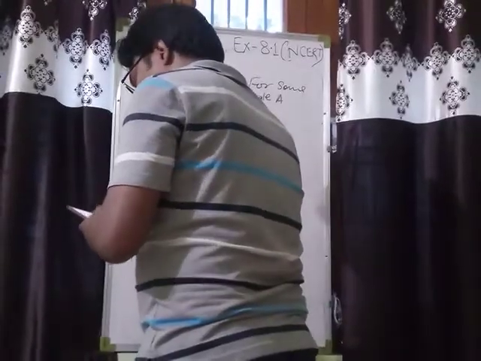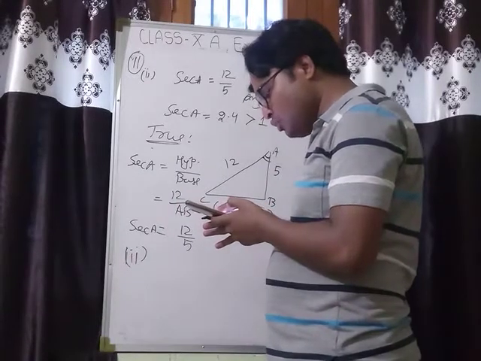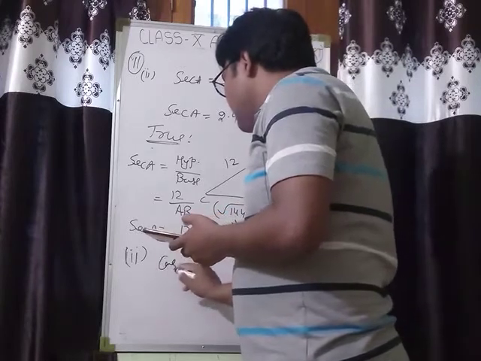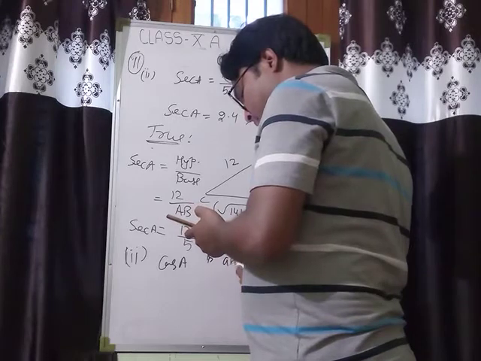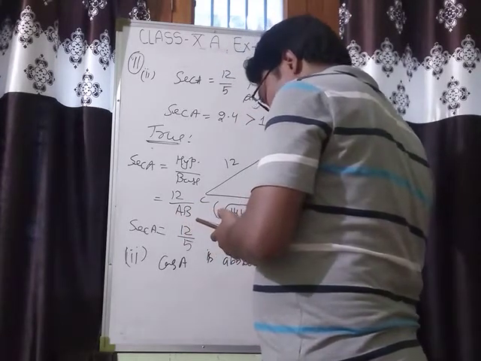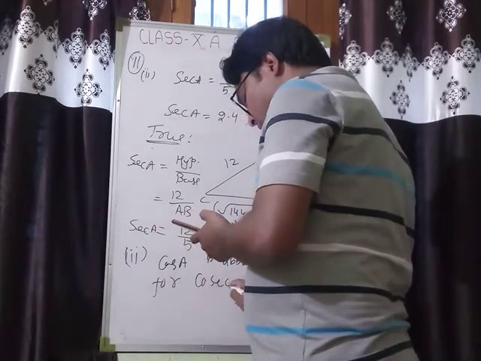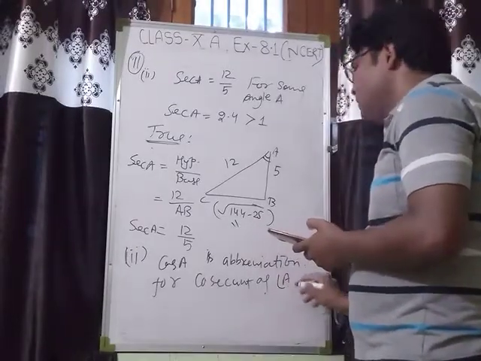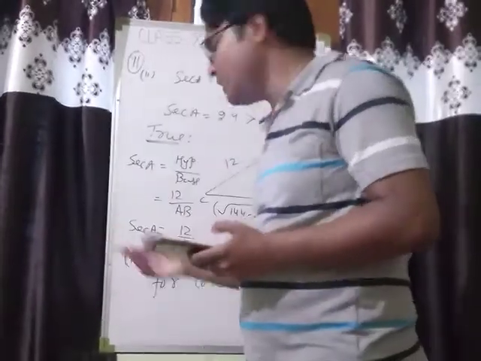Third one: cos A is the abbreviation used for cosecant of angle A. You know that cos A is the short form for what? For cosine.